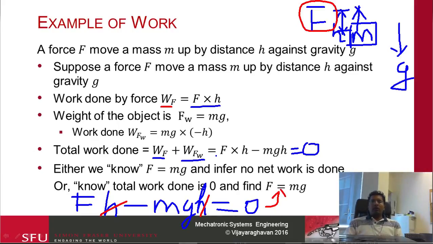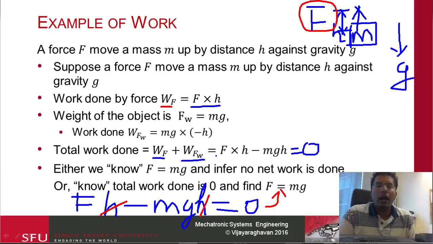This is basically the same concept. You don't get an additional equation, but if you don't know one of these parameters, for instance F, you can use this method, like the method of virtual work, which we haven't come to yet, to calculate the force value.